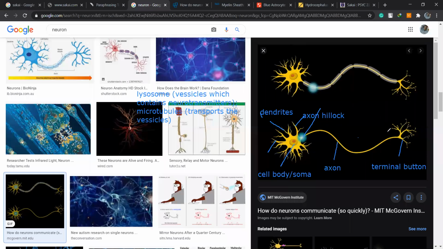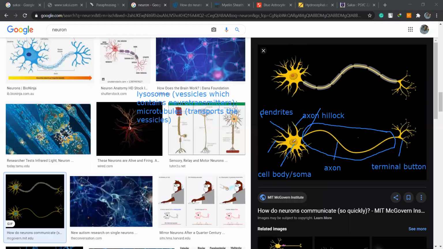This long structure that you see, they are all referred to as axon. So after the information has been integrated by the cell body, the information then moves along the axon until it gets to where? To the terminal button.